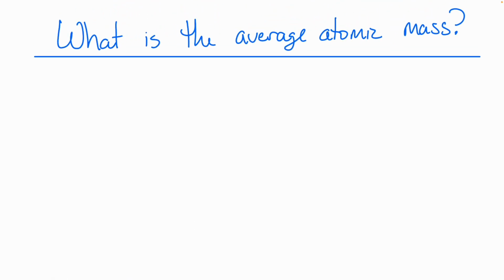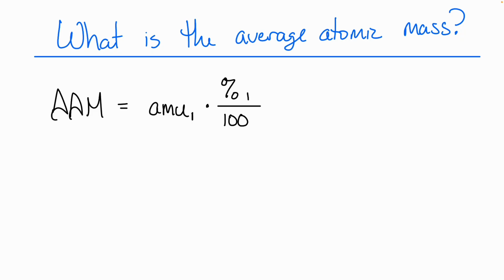All right, so how do we do this? We're going to take our average atomic mass. This is going to be the mass of isotope 1 multiplied by that percent abundance of isotope 1. Although if we're going to use this percentage in a math here, we got to convert it to a fraction by dividing by 100. We like percentages as humans.